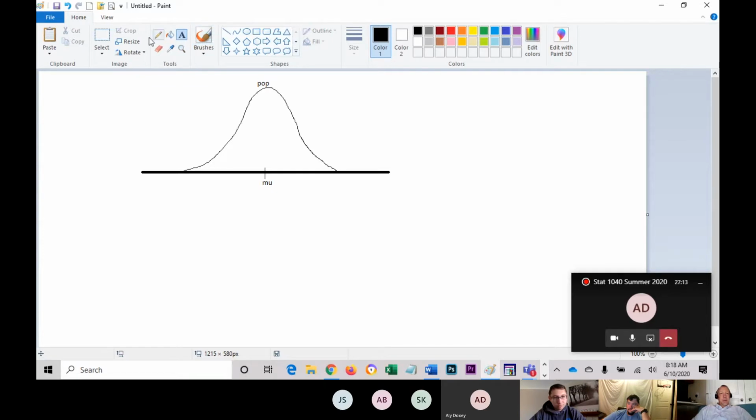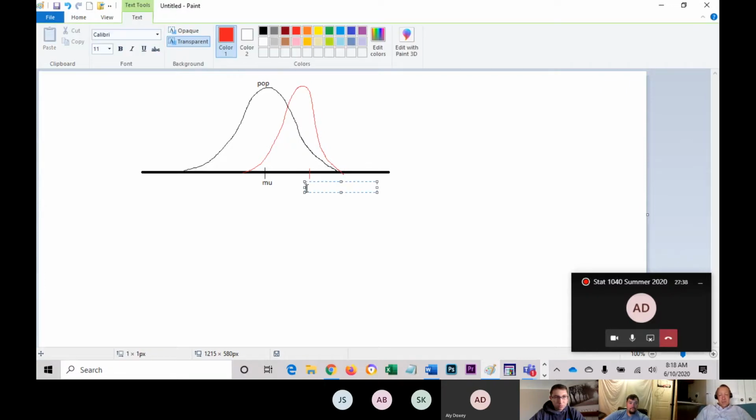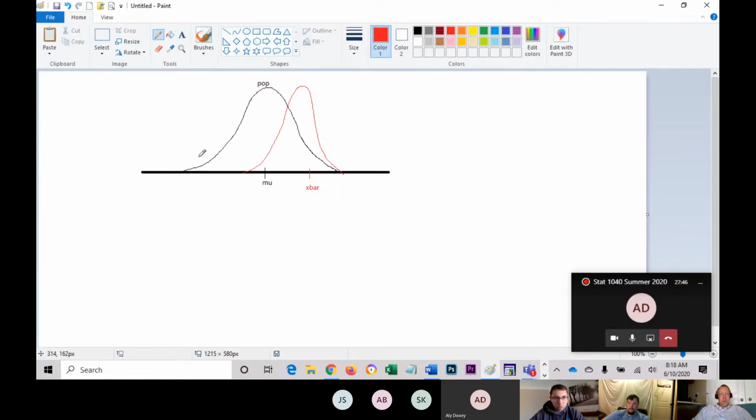And so the idea here is, with the central limit theorem, you might get a sample with your X bar that is a little bit high, or you might get a sample that is a little bit low.